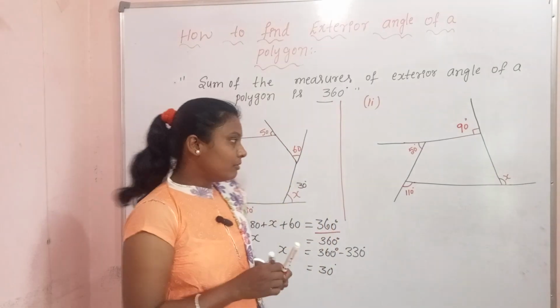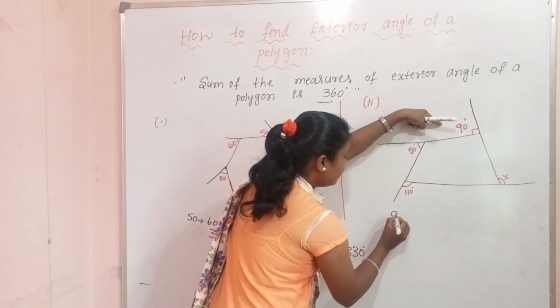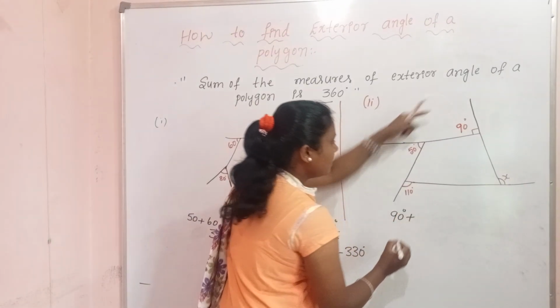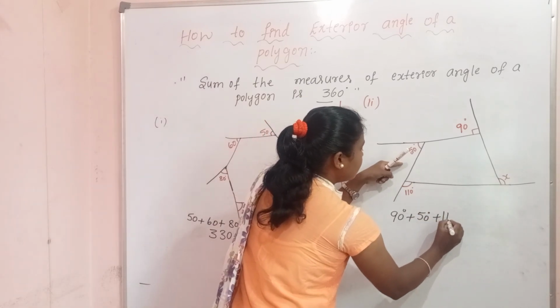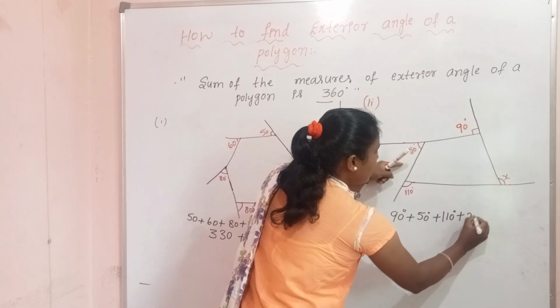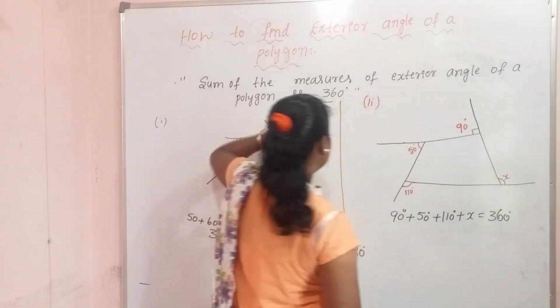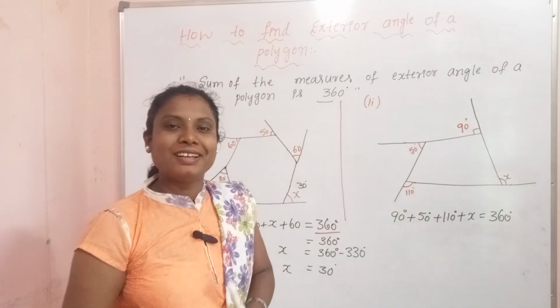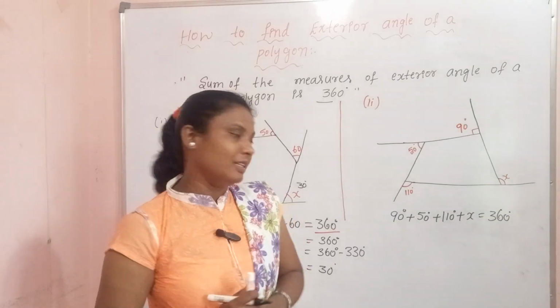Now we have to find this. First it is 90 degrees. We add 50 degrees plus 110 degrees plus x equals 360 degrees. Why? Because the sum of all the exterior angles is 360 degrees. So we have written this.